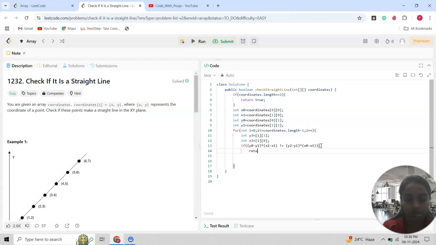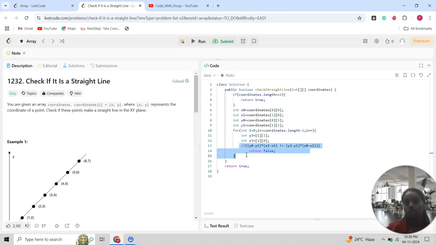Then we have to just return false. Otherwise it will be true. This will check that the slope of the third element is equal to the slope of the first and second elements or not.